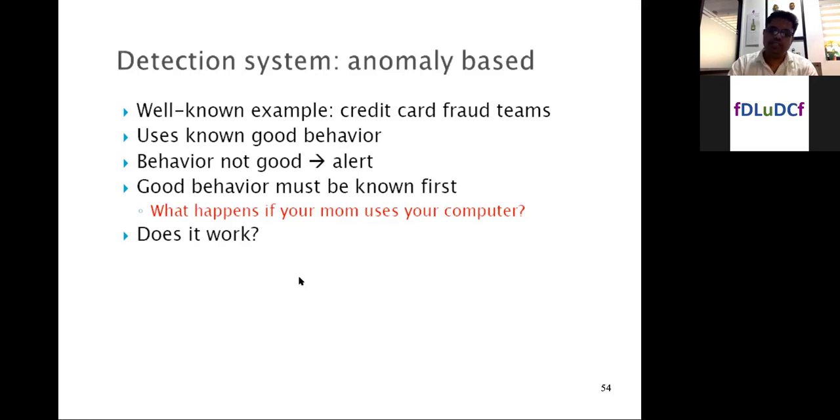There are always false negatives, false positives, and so on. So first of all, if we want to detect anomalies, we have to know the normal behavior. If we identify the normal behavior, then we can find the abnormal behaviors.